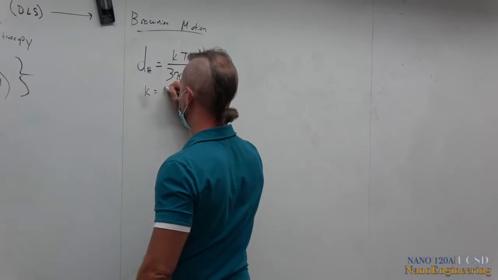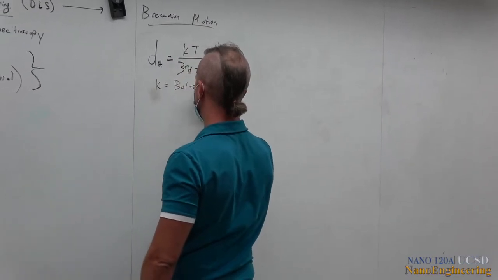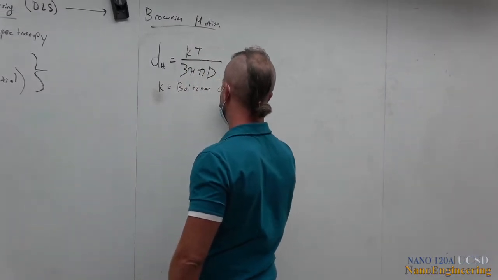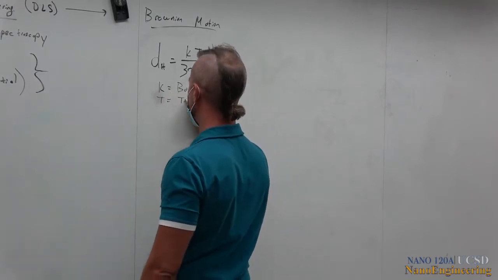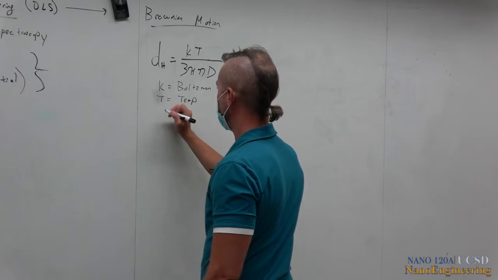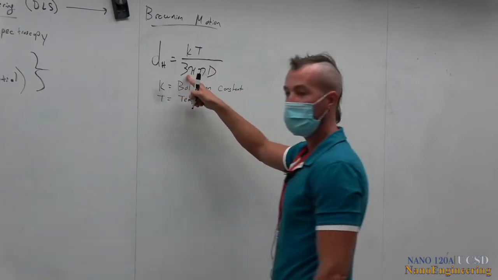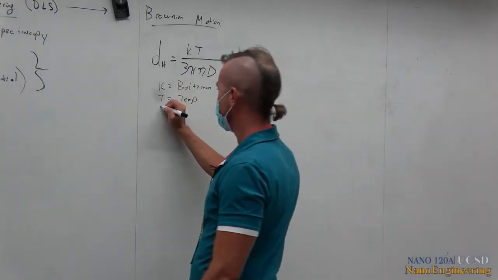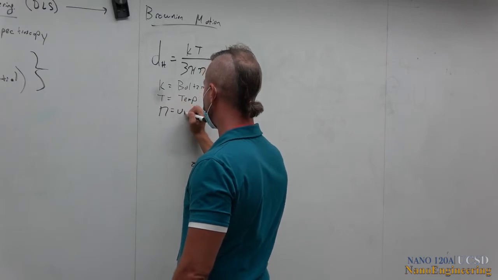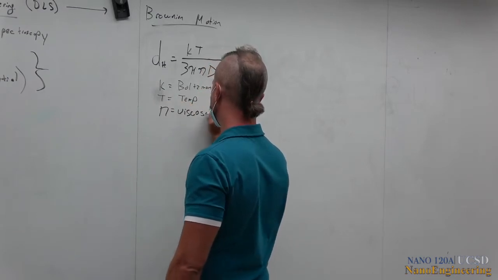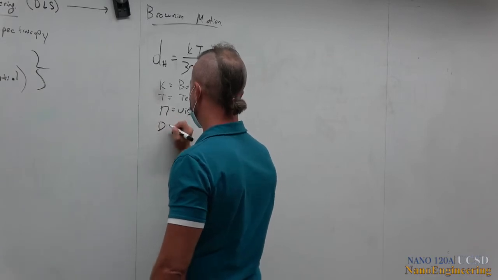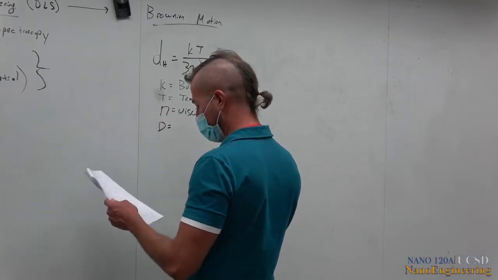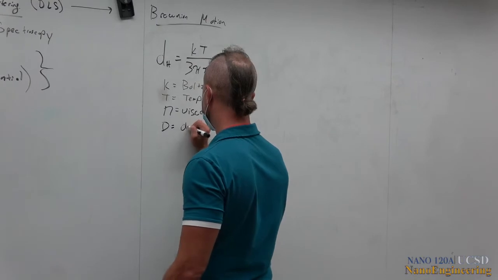Here k is the Boltzmann constant. T is temperature. 3 pi is 3 pi. Nu is our viscosity. D is our diffusion coefficient.